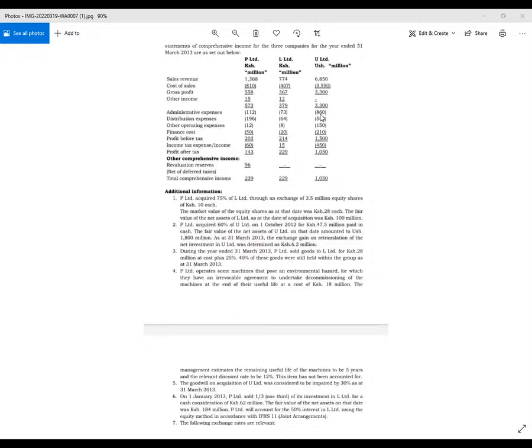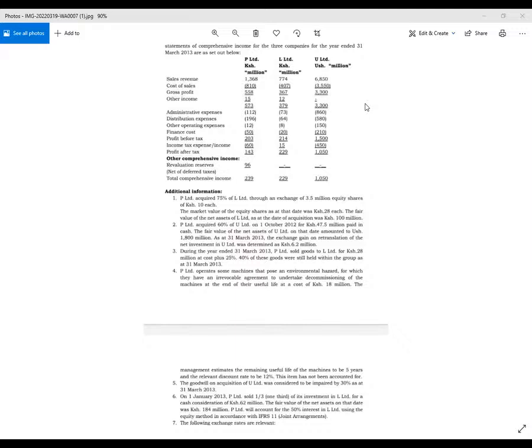From there, we have distribution expenses. What do I have there? The figure that I'm able to see there comfortably is 150. Then I have the finance cost.